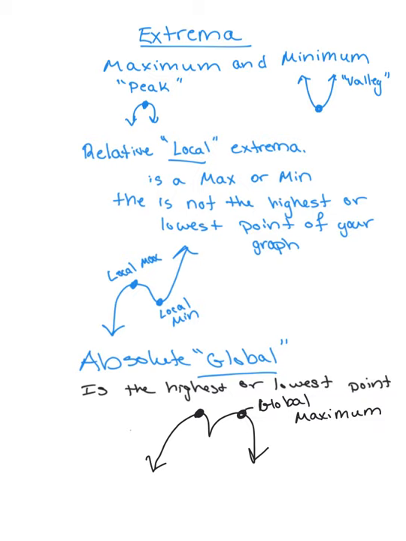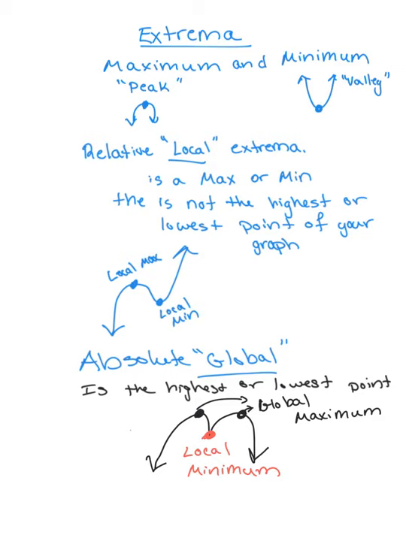In this case, I have two. Sometimes you might have one, sometimes you might have none. In this case, we have two. This point down here is going to be a local, because it is not the smallest minimum. Okay, and that's how those two would look.